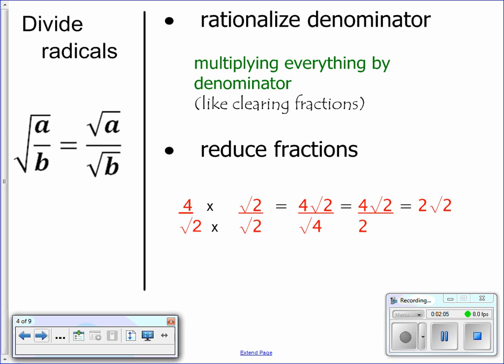For example, if I have 4 divided by the square root of 2, I have to multiply the top and the bottom by the square root of 2. So on the top I get 4 square root 2, and the bottom I get square root of 4. The square root of 4 is 2. So now I have a rational number as a denominator, and then I'm going to simplify the 4 and 2, and I'll get 2 square root 2.